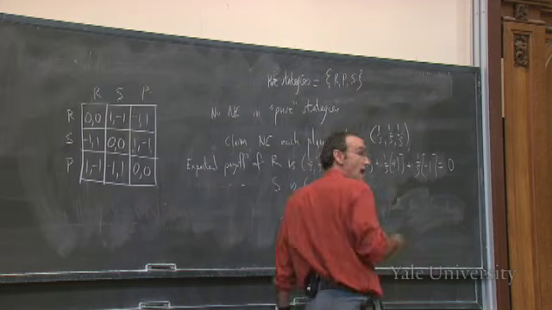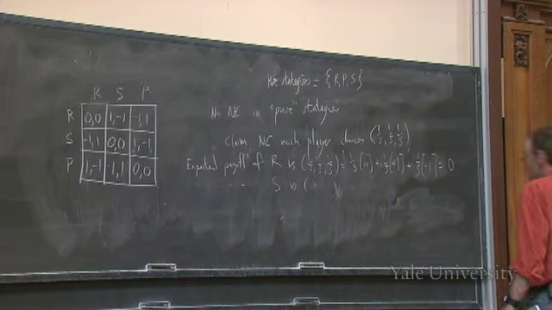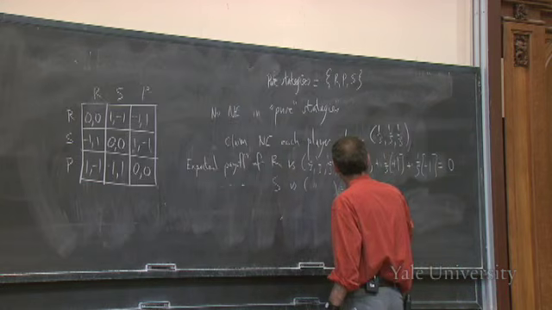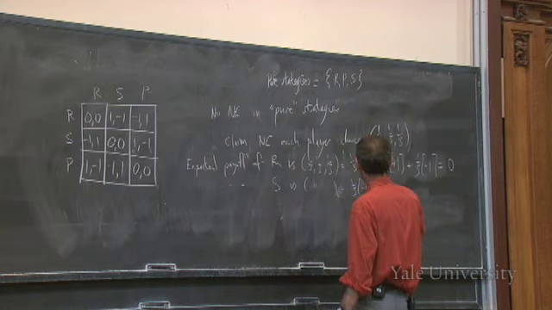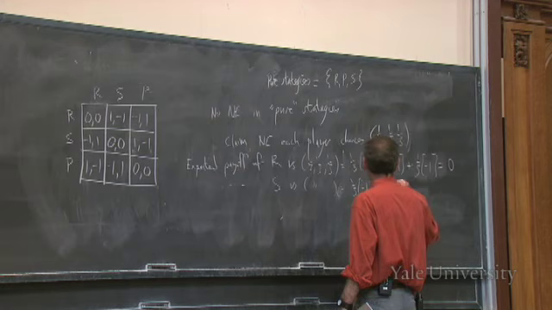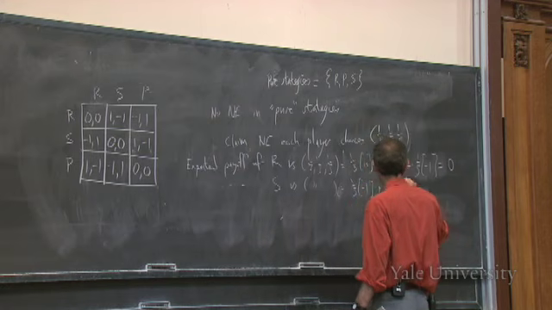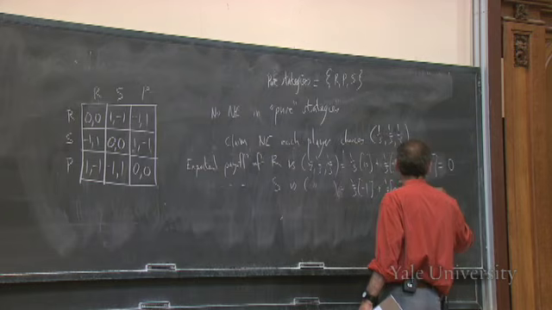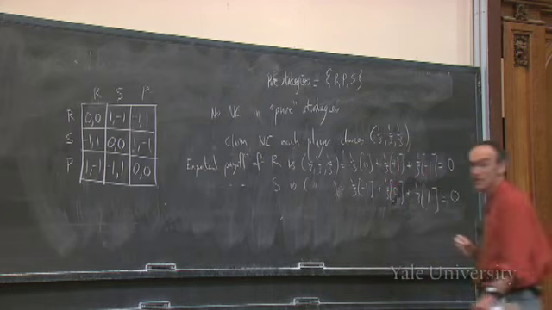If I chose scissors and the other person is randomizing a third, then with probability a third, I will get -1. With probability a third, I'll meet another scissors and get 0. And with probability a third, I'll meet paper and get 1, and once again it nets out at 0.